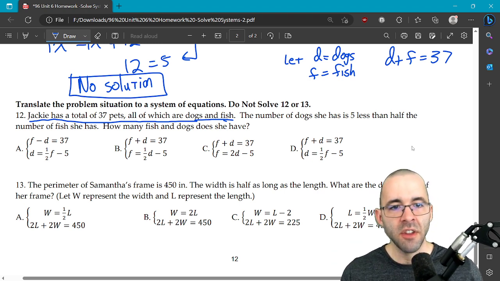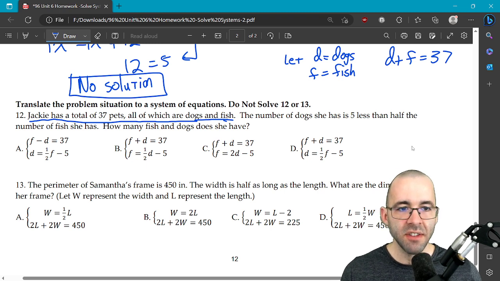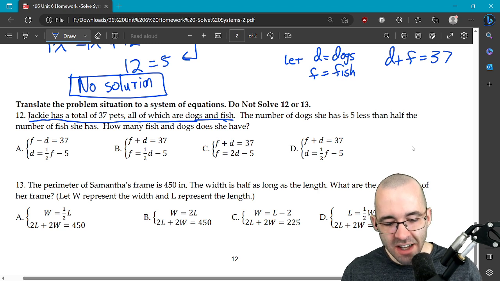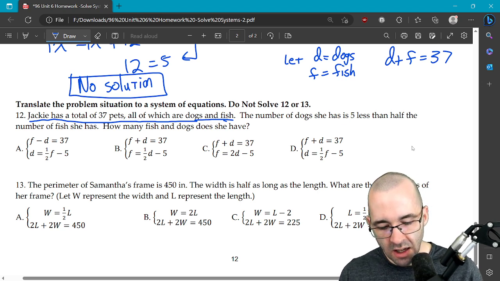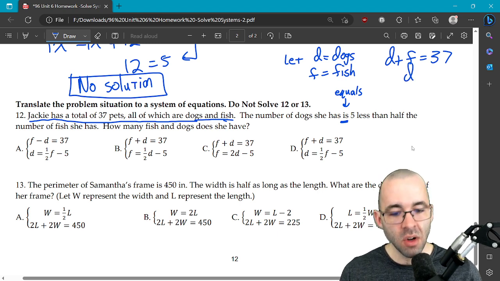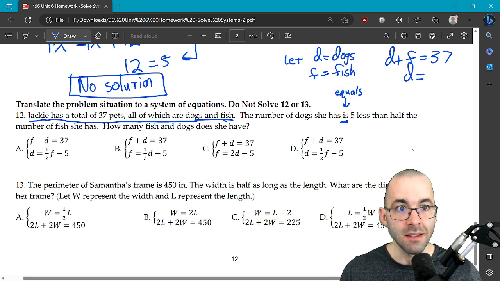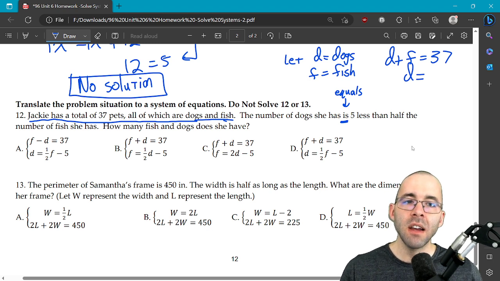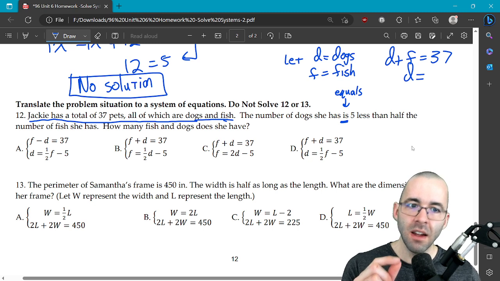The second equation is the number of dogs she has is 5 less, sorry, I'm getting ahead of myself, 5 less than half the number of fish. Anytime you see the word is, that means equals. So the number of dogs is means the number of dogs, D, is equal sign. 5 less than, and this is where things get trickier.